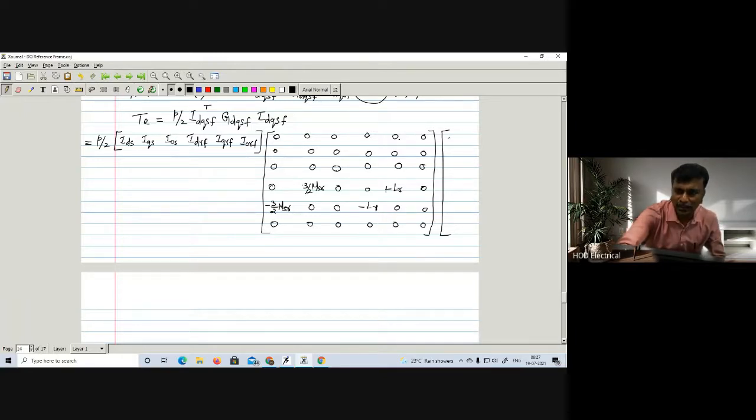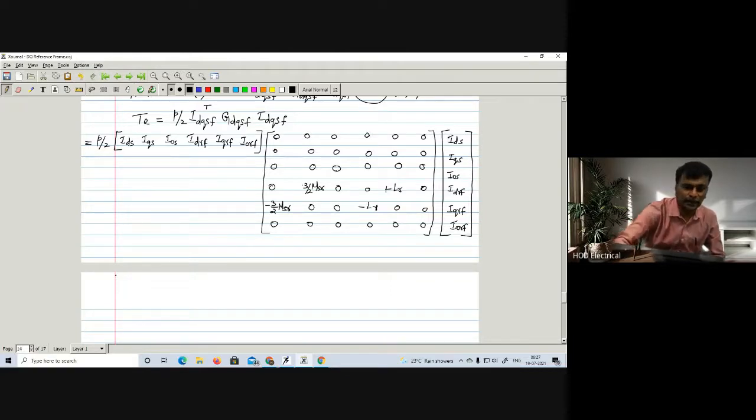Then here we have the current vector IDS, IQS, I naught S, IDRF, IQRF, and I naught RF.